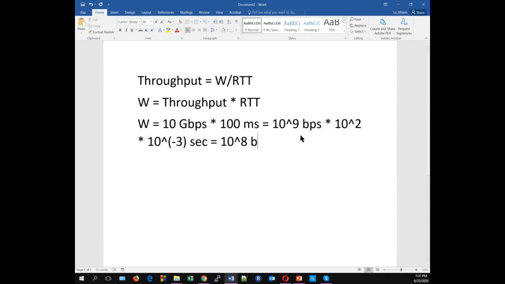Now, bits, right? Because I have bits per second and then multiply by second, bits divided by second, and multiplied by second. Okay, so it is equal to 10 to the power of 8 bits.